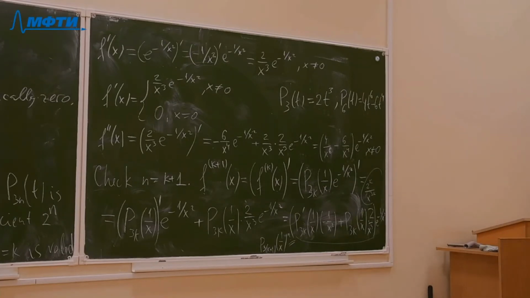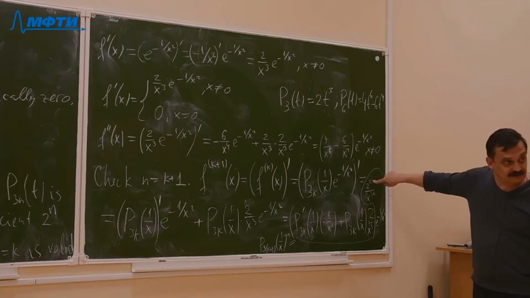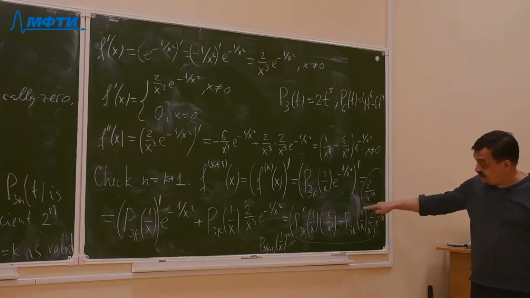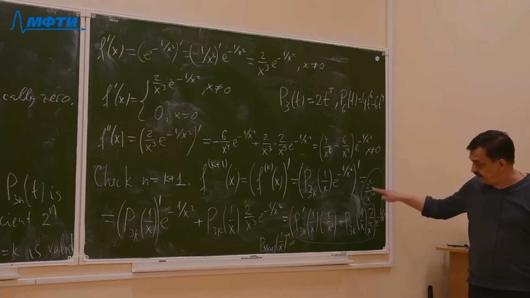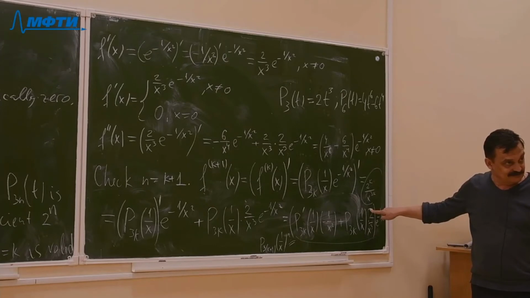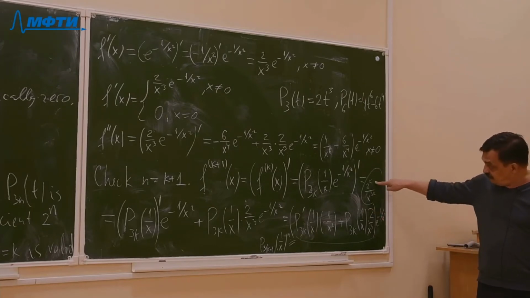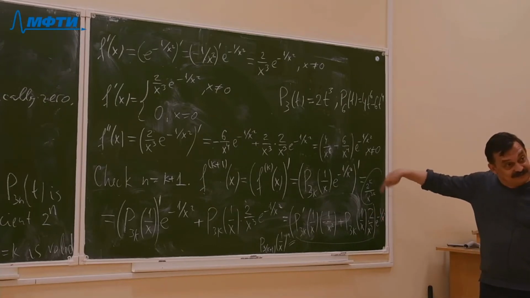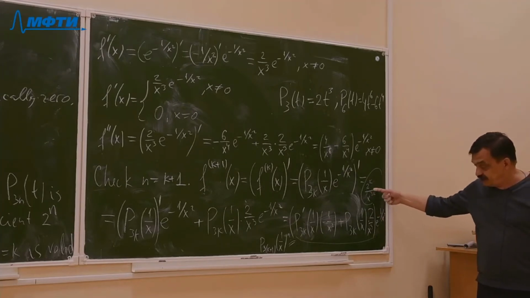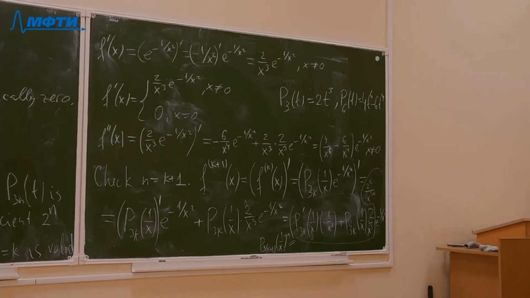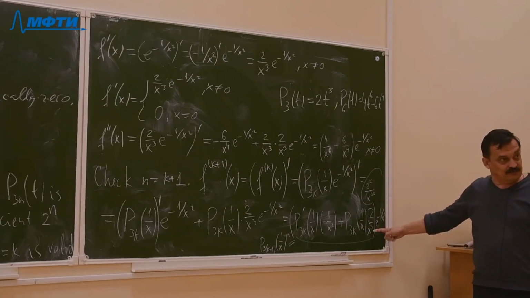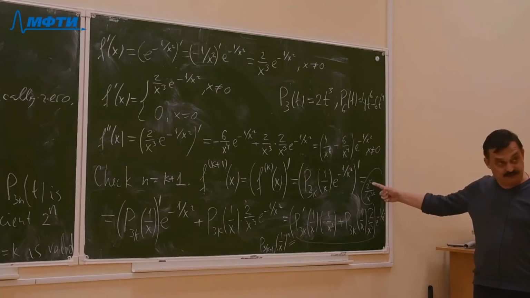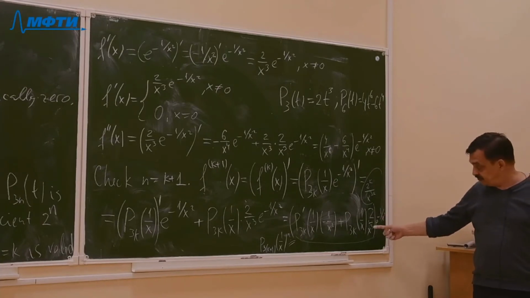That was the leading coefficient of our polynomial, 2 to the power k, times t to the power 3k, where I substitute instead of t 1 over x, right? That is written here. So look, that is the leading, largest degree of 1 over x, right? Largest degree. I multiply it by that one. What do I obtain? 2 to the power k plus 1 divided by x to the power 3k plus 3.